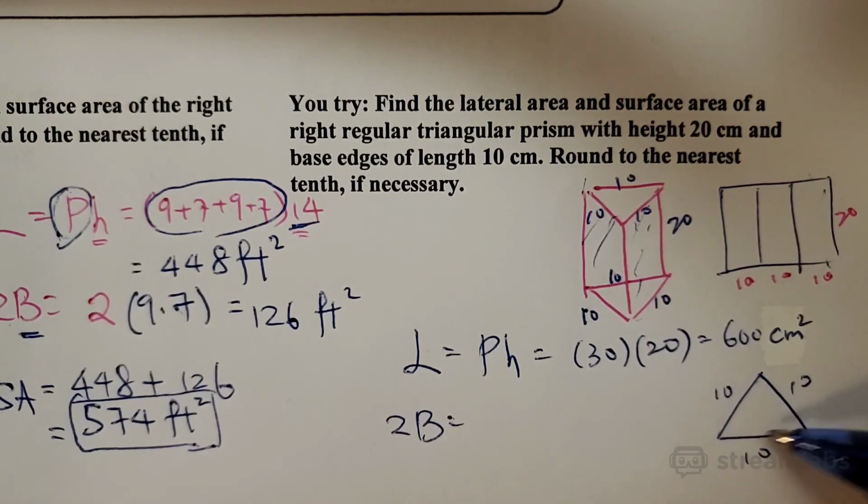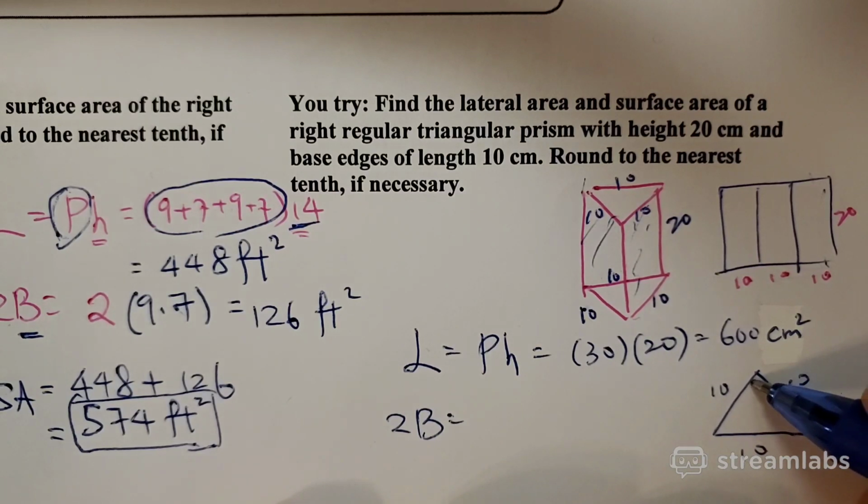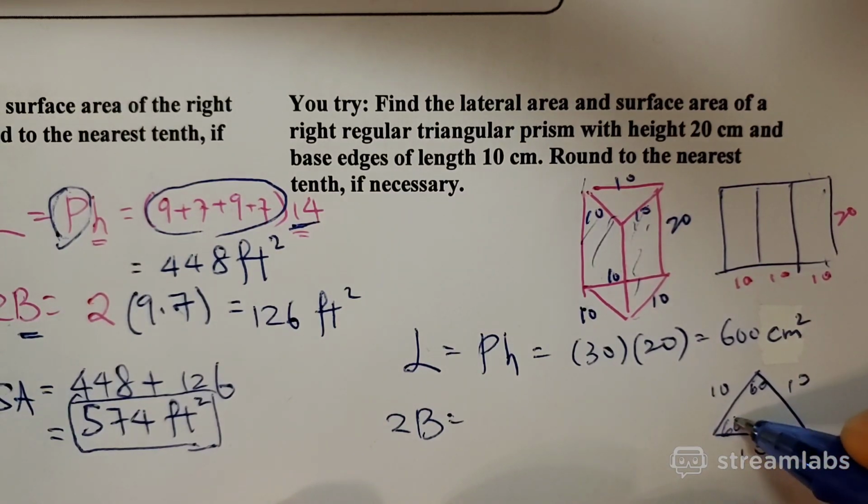First, what are the interior angles of an equilateral triangle? They have to be 60 each. So you can cut it in half and make it 30, 60, 90 and do that to find the height.